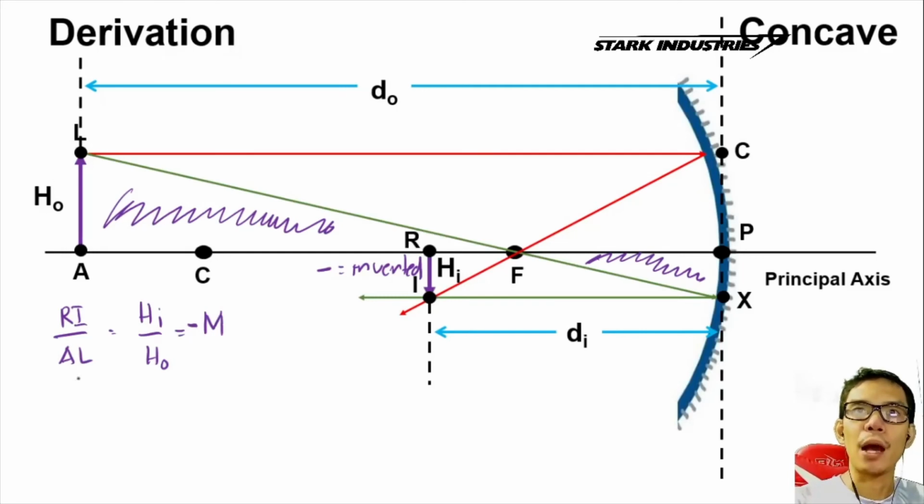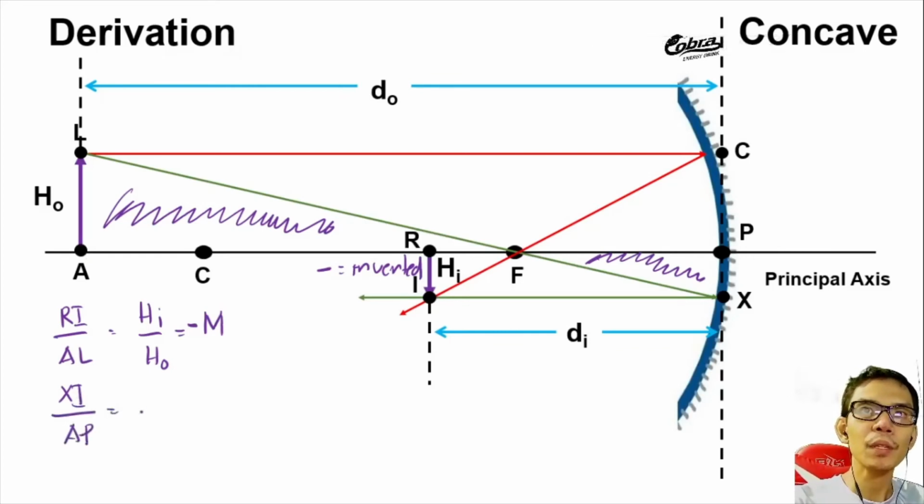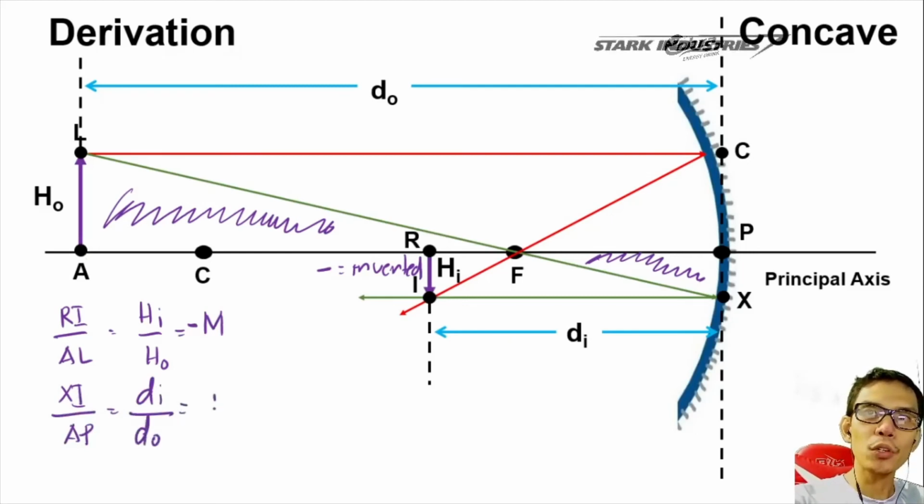Next, we have here the Xi and the Xo. Xi represents the distance of the image, and Xo is the distance of the object. Again, we can use this to find out the magnification of the image.